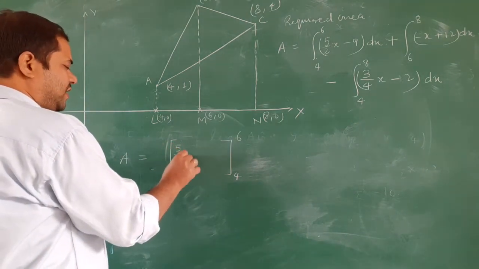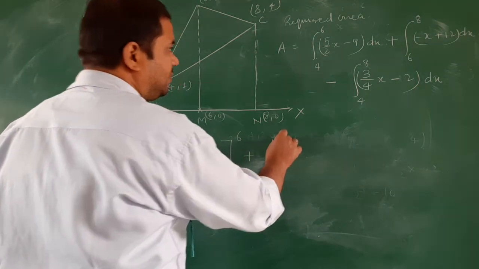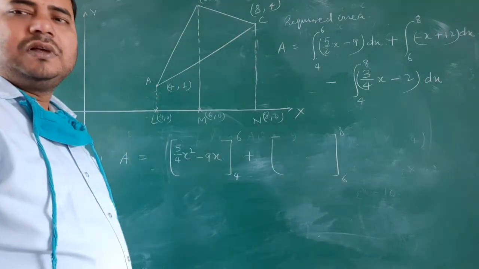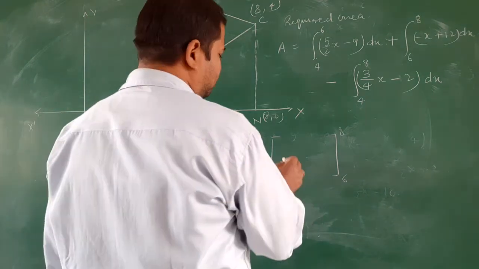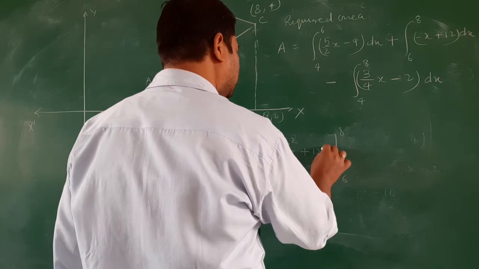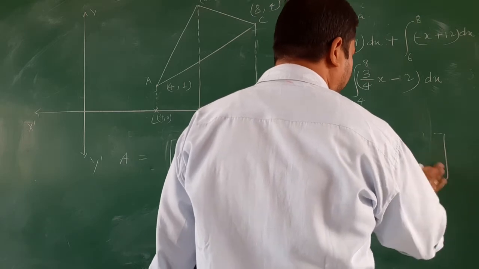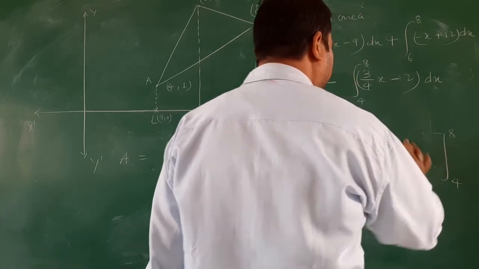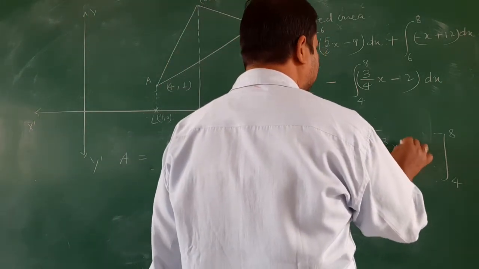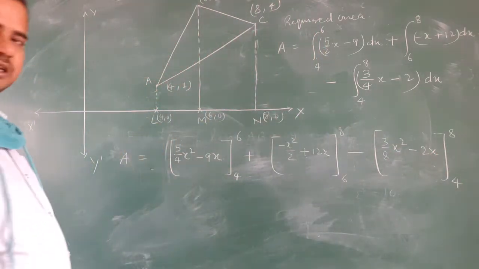That means 5 by 4x square minus 9x, plus limit from 6 to 8, minus x square by 2 plus 12x, and minus of limit from 4 to 8, what is the value of this? 3 by 8 x square minus 2x. Now put the value, you will get the solution.